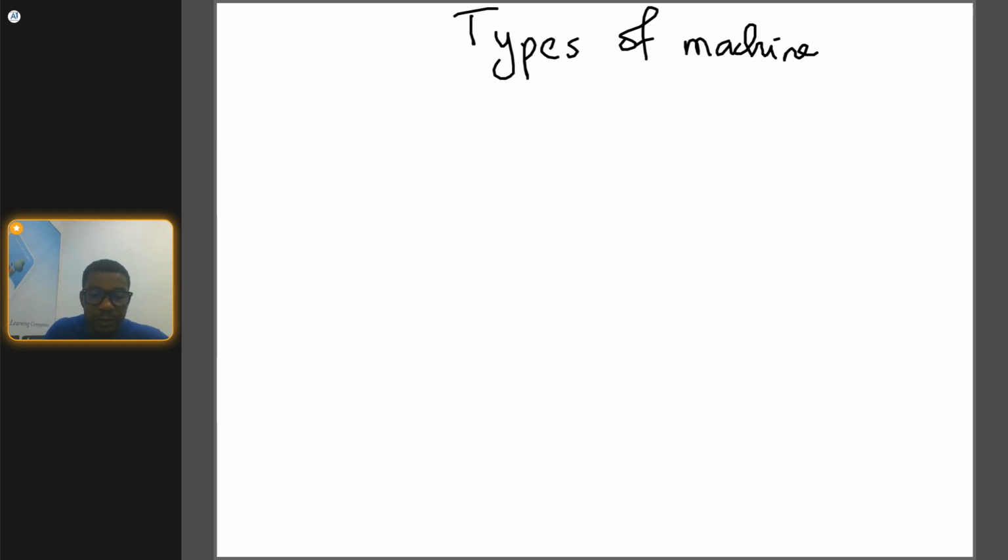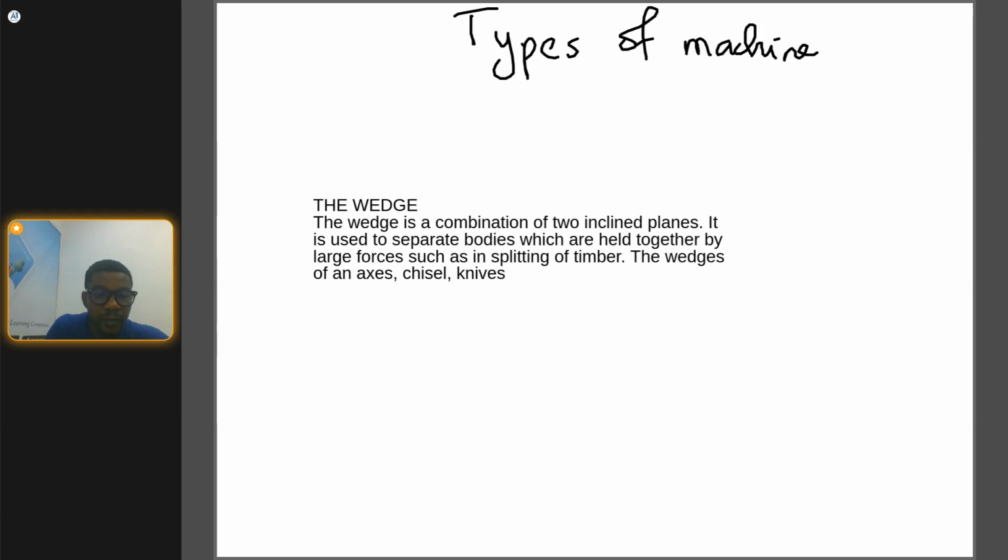So the fourth type of machine that we are going to consider is what we call the wedge. The wedge is a combination of two inclined planes.